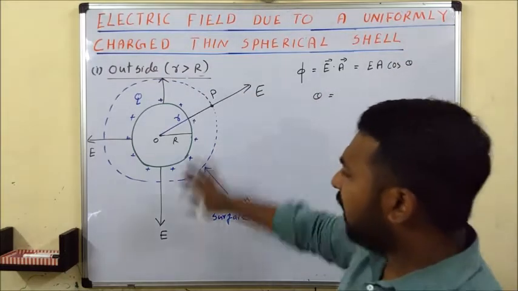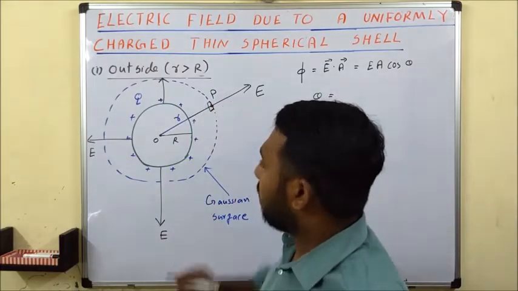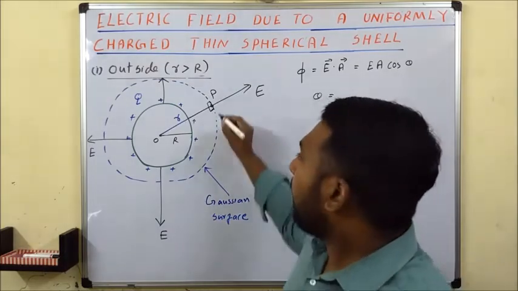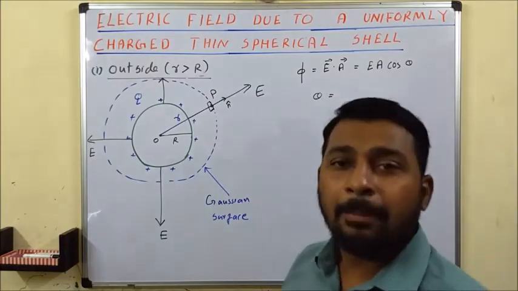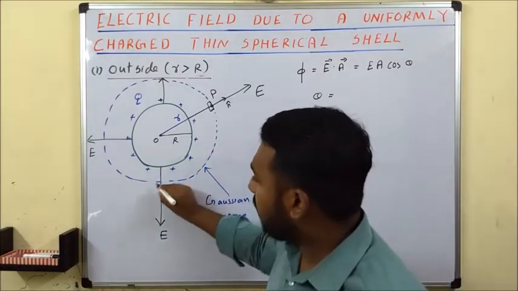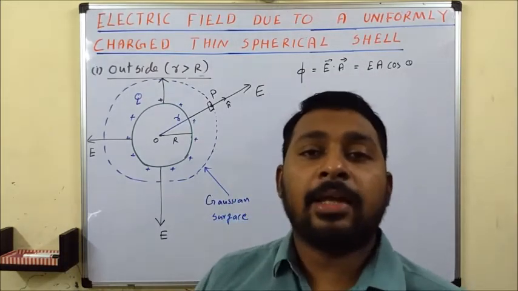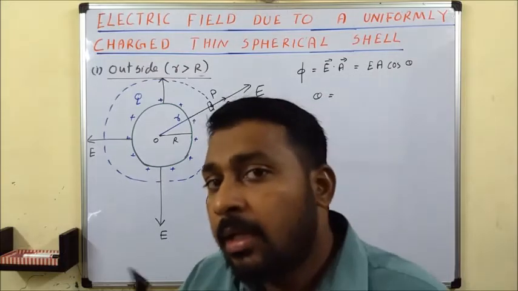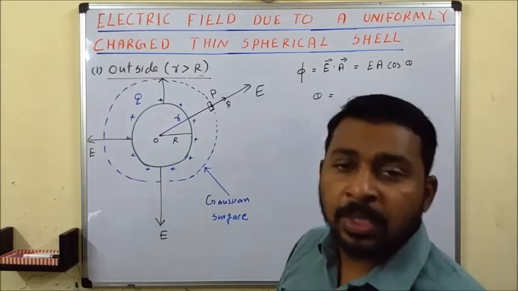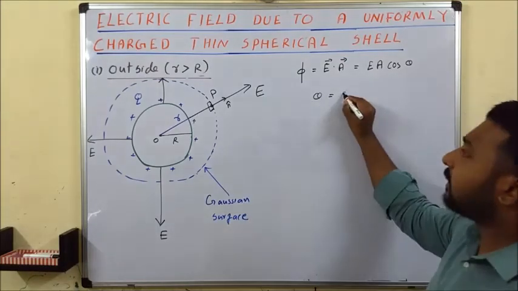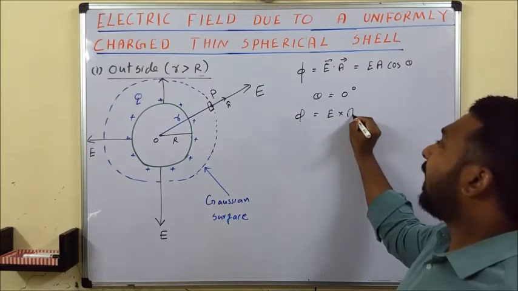Consider a small area anywhere on the Gaussian surface. The electric field line is normal to the Gaussian surface, which means the area vector is parallel to the electric field. Parallel means theta is equal to 0 degrees, so phi is equal to E A.